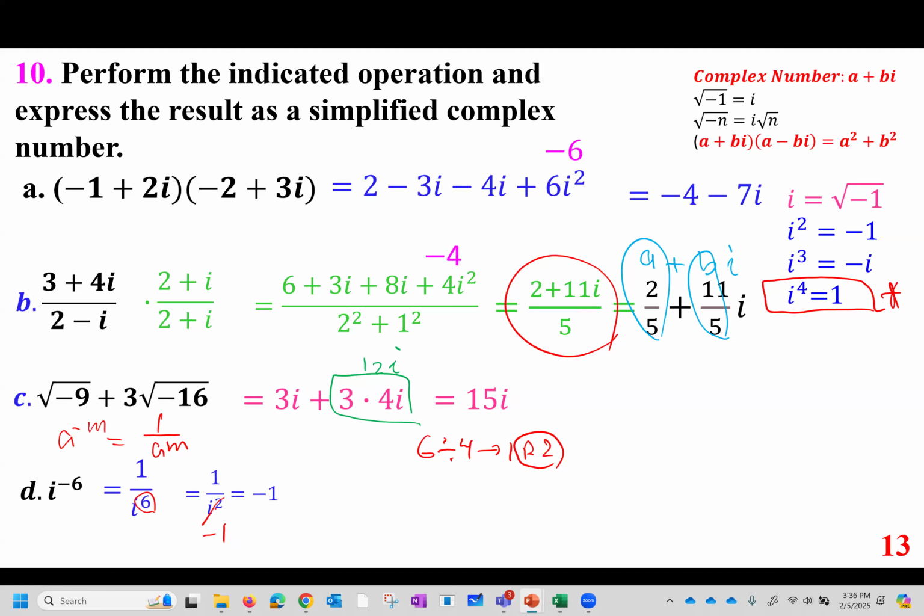I'm going to explain this further by looking at a couple more examples, okay? As far as this is concerned, pay attention to i to the power of 4.